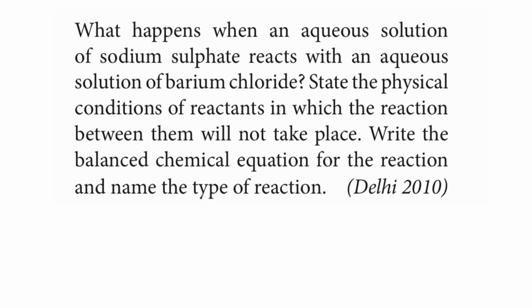What happens when an aqueous solution of sodium sulphate reacts with an aqueous solution of barium chloride? So sodium sulphate, Na2SO4, plus aqueous solution of barium chloride, BaCl2. Definitely they undergo a double displacement reaction and you will get BaSO4 plus NaCl. You can balance that.